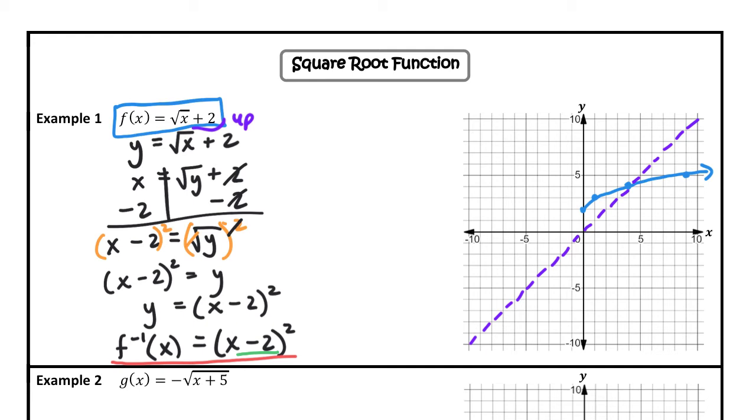So we're going to go to the right 2. So the inverse is going to be right here, 1, 1, and then 2 to the right and 4 up. 1, 2, 4.